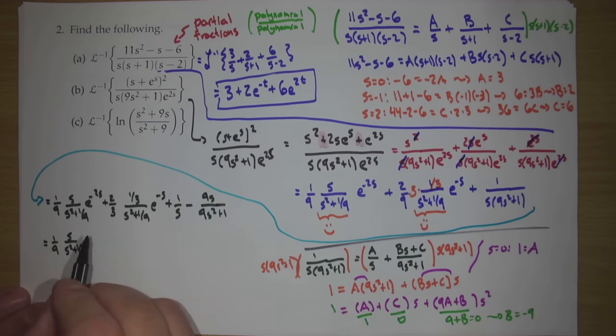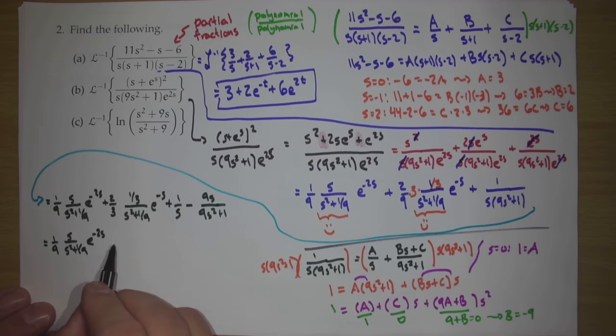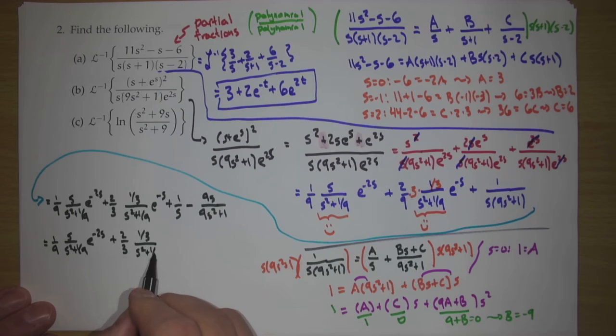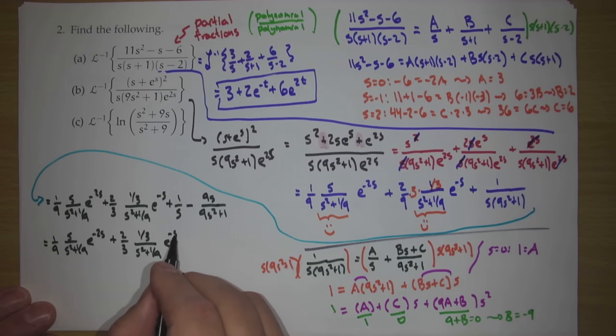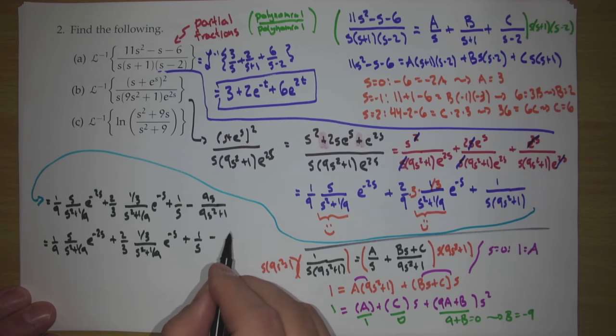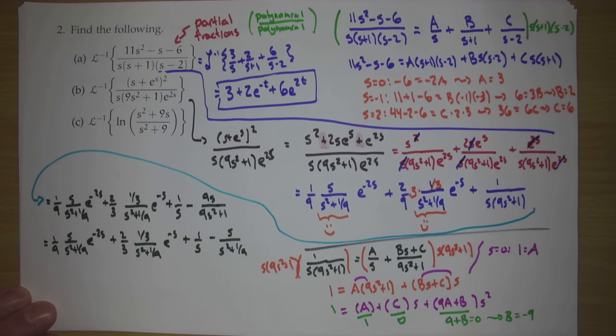Well, you like the happy things. You should look for the happy things in life. All right, 2/3, I'm just copying the first terms down again. E to the minus s plus 1 over s and minus s over s squared plus 1/9. Okay, good.